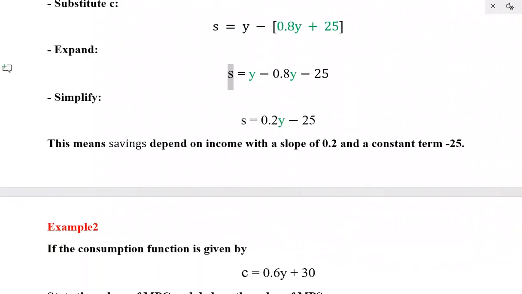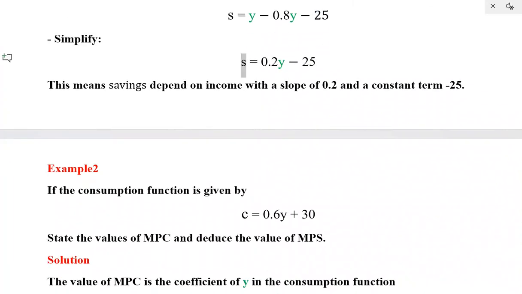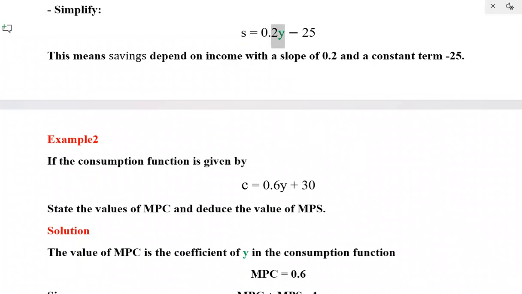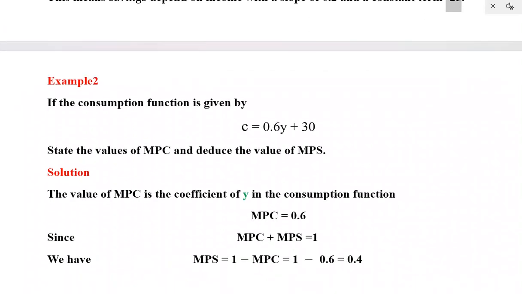Expand. S equals y minus 0.8y minus 25. Simplify. S equals 0.2y minus 25. This means savings depend on income with a slope of 0.2 and a constant term minus 25.